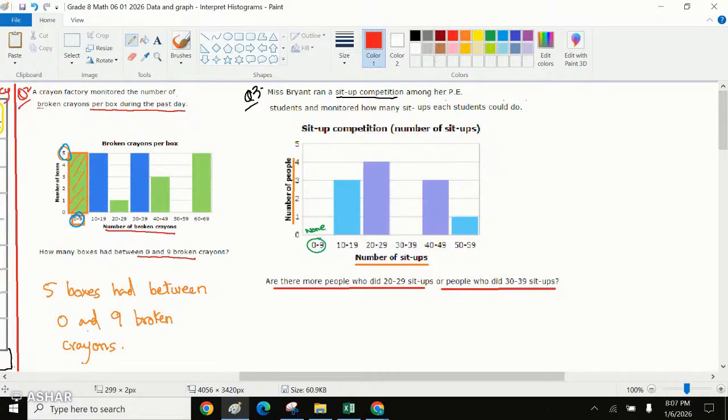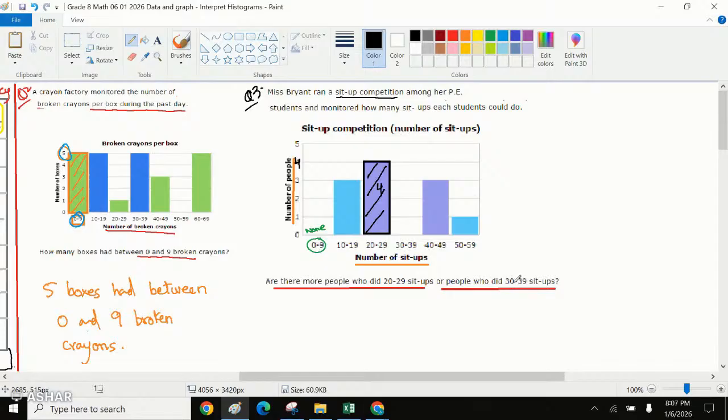So what we need to do is look at both the columns over here, both the bars. These are known as the bar. So for 20 to 29, this is the bar, right? How many students were there in this bar? There were 4 students. Agreed?